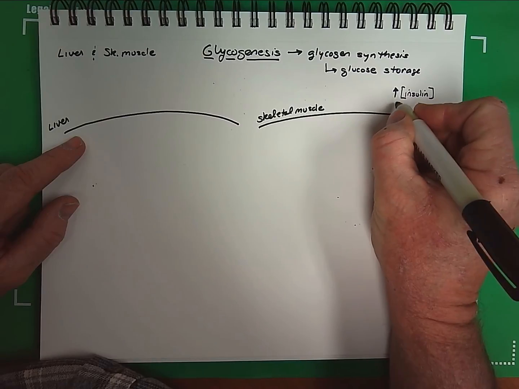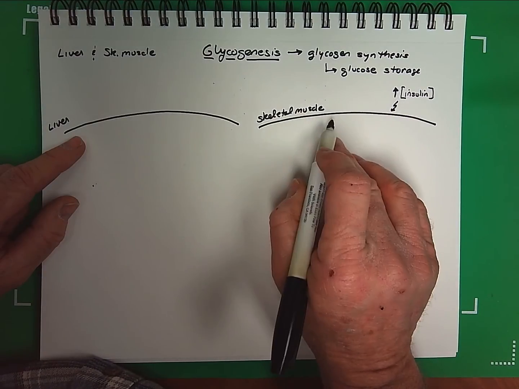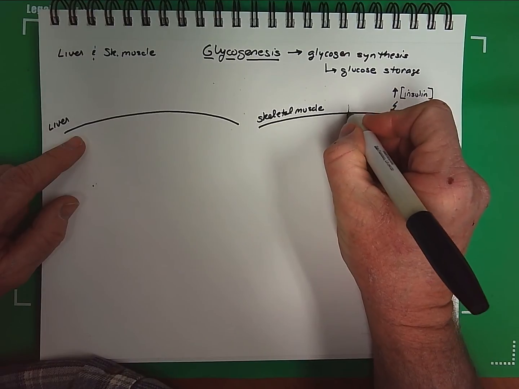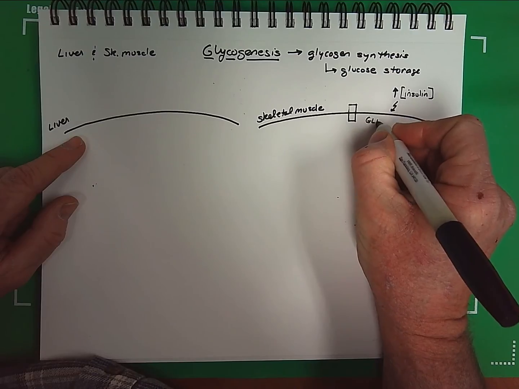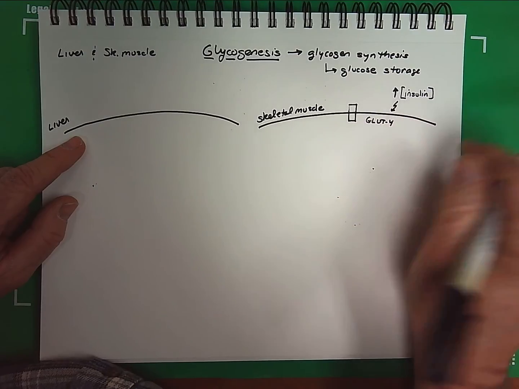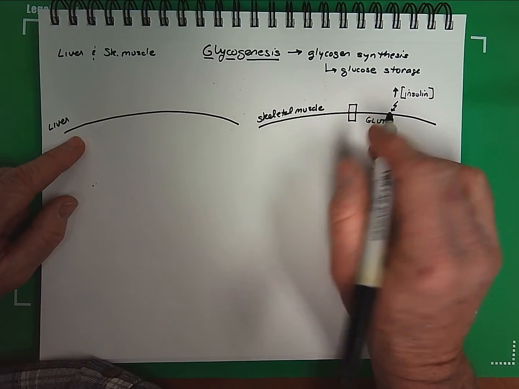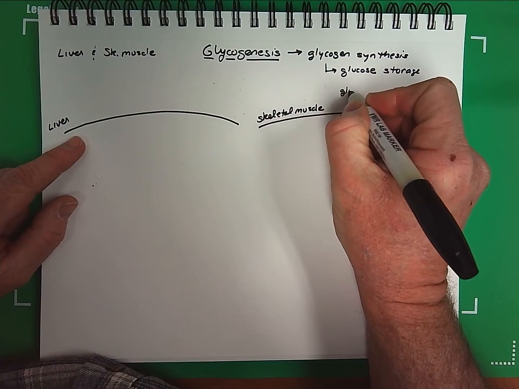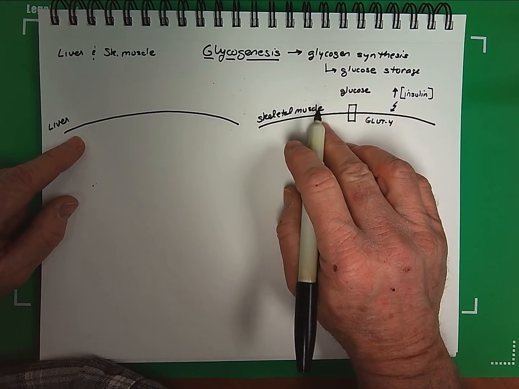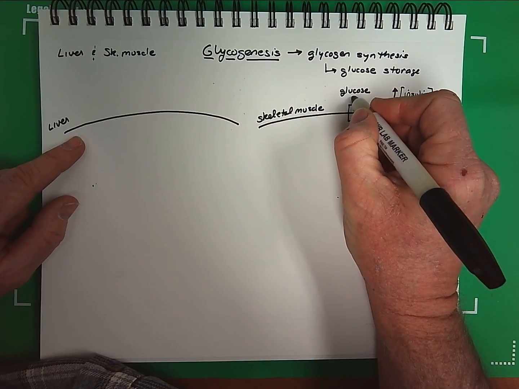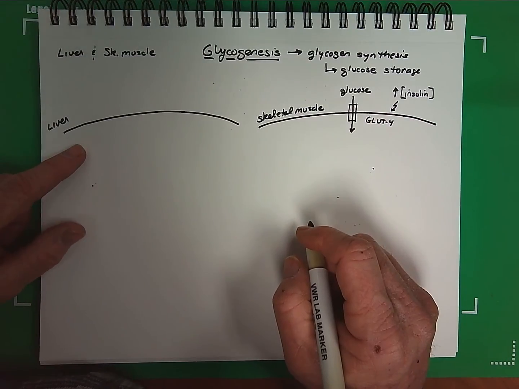The insulin then will bind to the insulin receptor on skeletal muscle, and this will cause a translocation of GLUT4, the glucose transporter, number 4, from intracellular stores to the cell surface. Once this occurs, the glucose that is available in the extracellular space of skeletal muscle and coming from the bloodstream can now be transported inside the skeletal muscle cell.